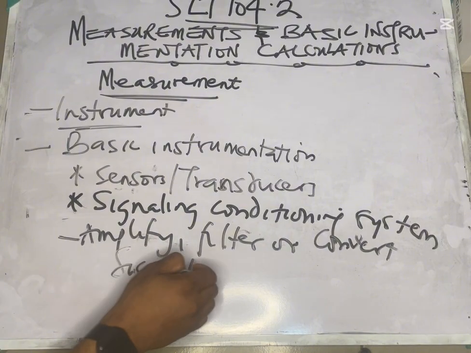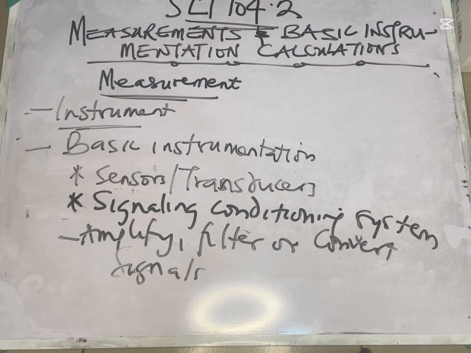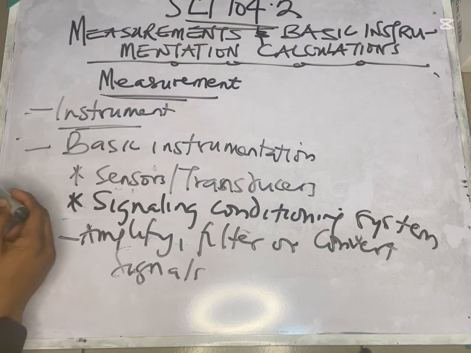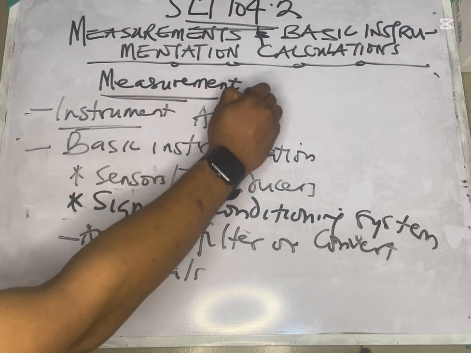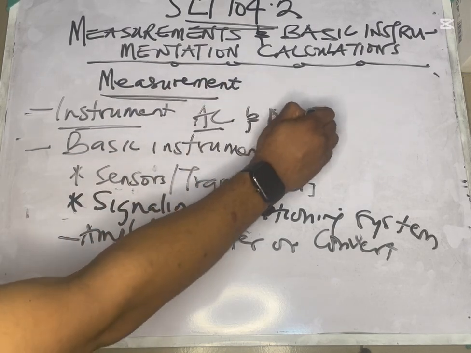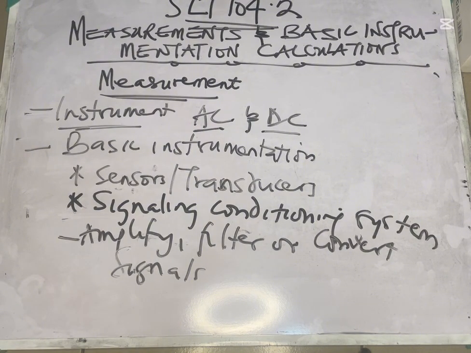Remember, the sensors and transducers are used to convert the physical quantities to measurable signals, while the signal conditioning systems are used to convert these signals to any other form. They are used to amplify. Amplification here is the conversion of AC to DC. If you check the video I made on frequently asked questions, I talked about amplification: the process of converting AC, alternating current, to DC, direct current. So that is the function of the signal conditioning system.